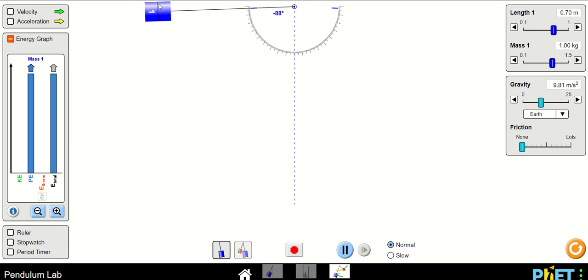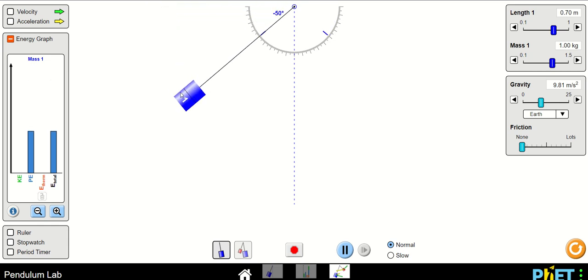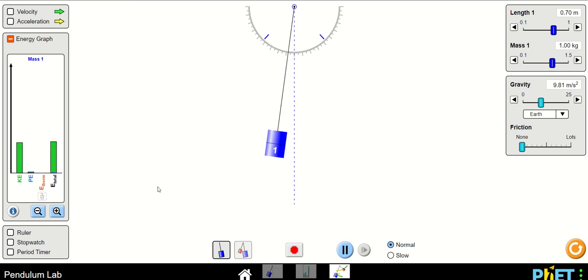Now, kung titingnan nyo kapag binabaan ko, di ba, nababawasan din. Tanong, ano yung naiwan? Yun! Kinetic energy pala yun. Okay. Kinetic energy.